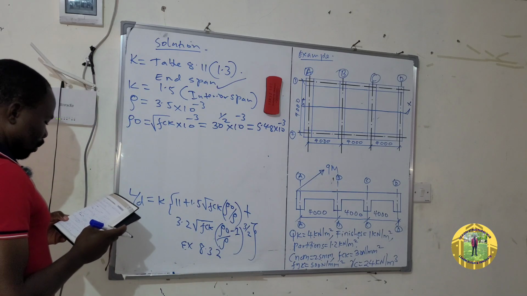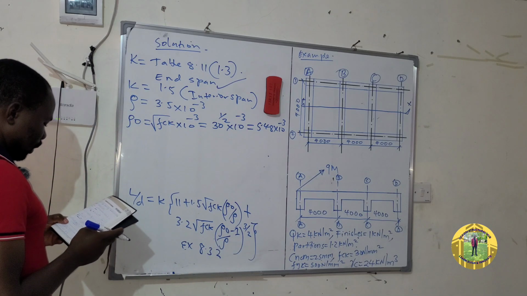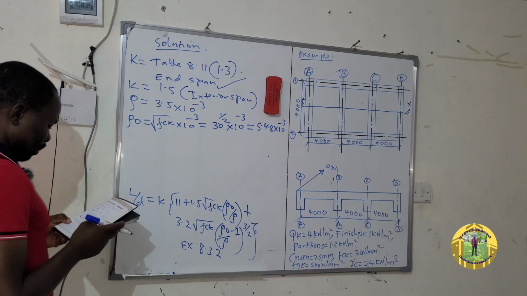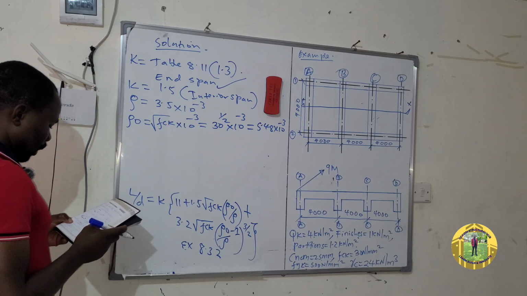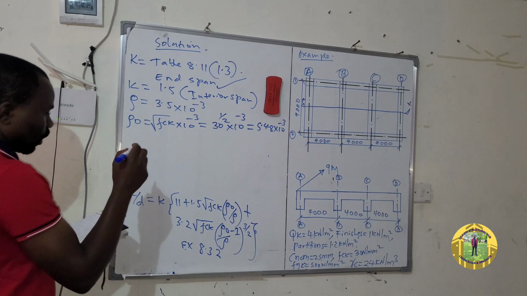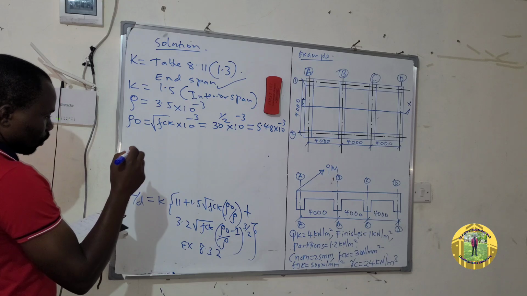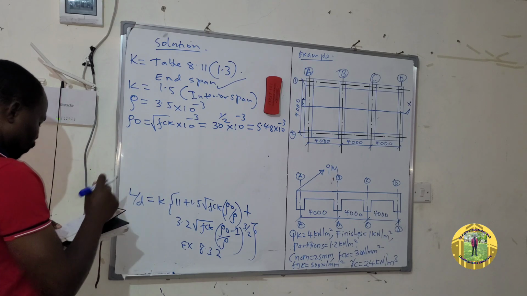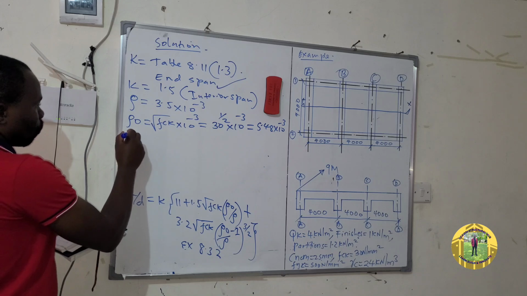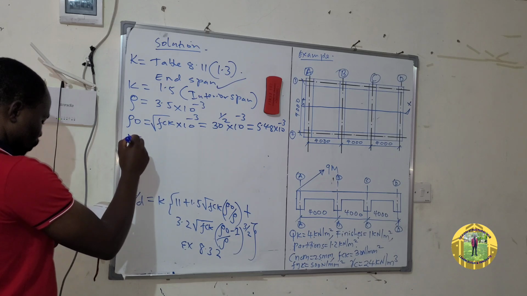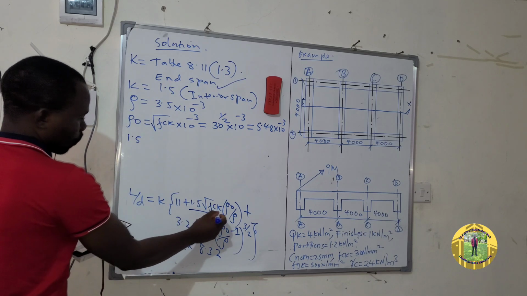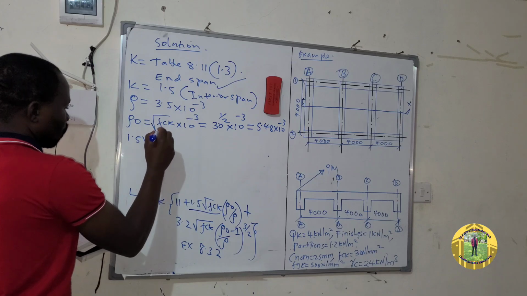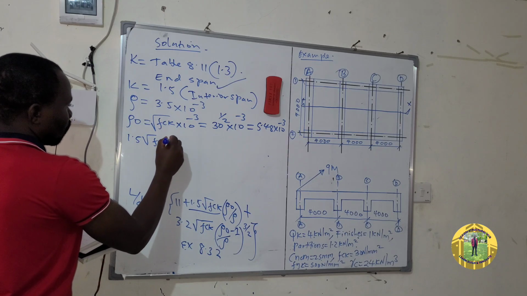And then another term to define from the formula is 1.5 square root of FCK.